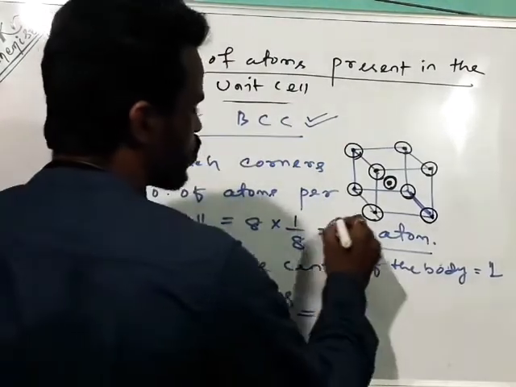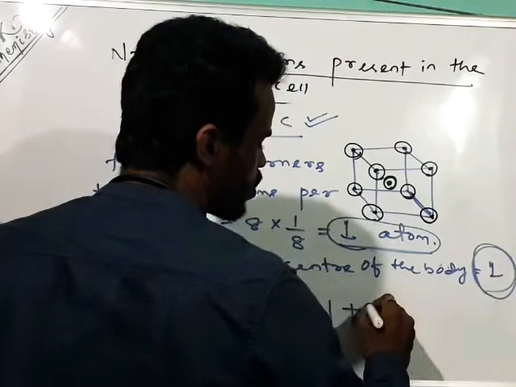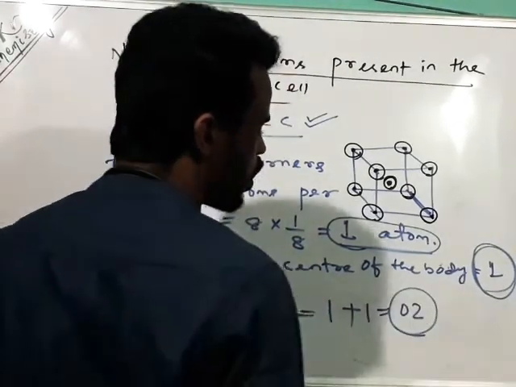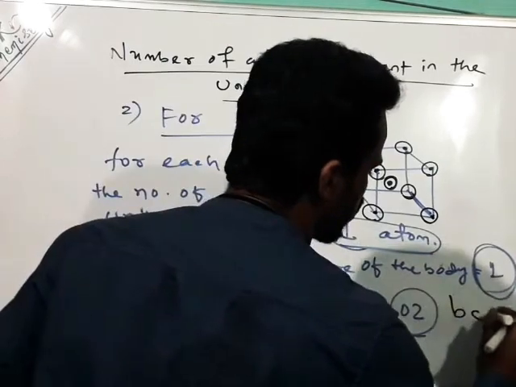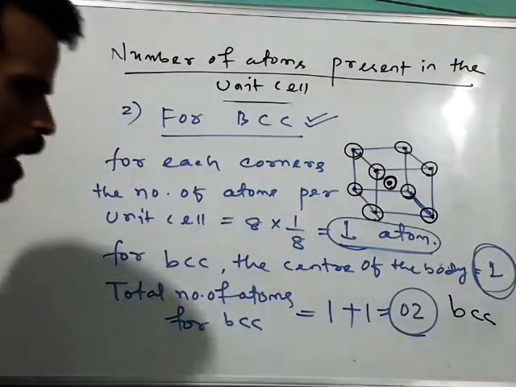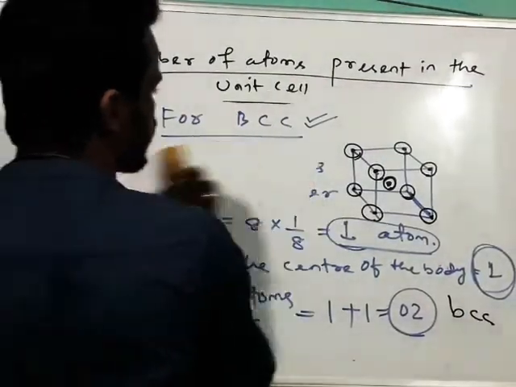Means 1 is the total corner atoms, and another one is the body center atom. 1 plus 1, that is 2. This is for body centered cubic crystal, for BCC.